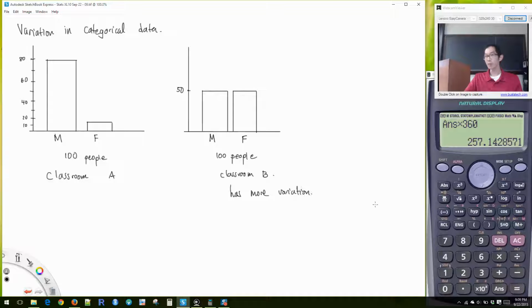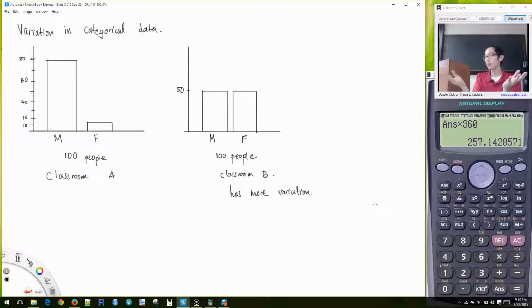Because if you visualize classroom A, you look around, you are surrounded by what? Men. Okay. There's a few females in the class, but pretty much you're looking around and there's a bunch of guys here. Classroom B, you look around and you've got a good mix of men and women, males and females.